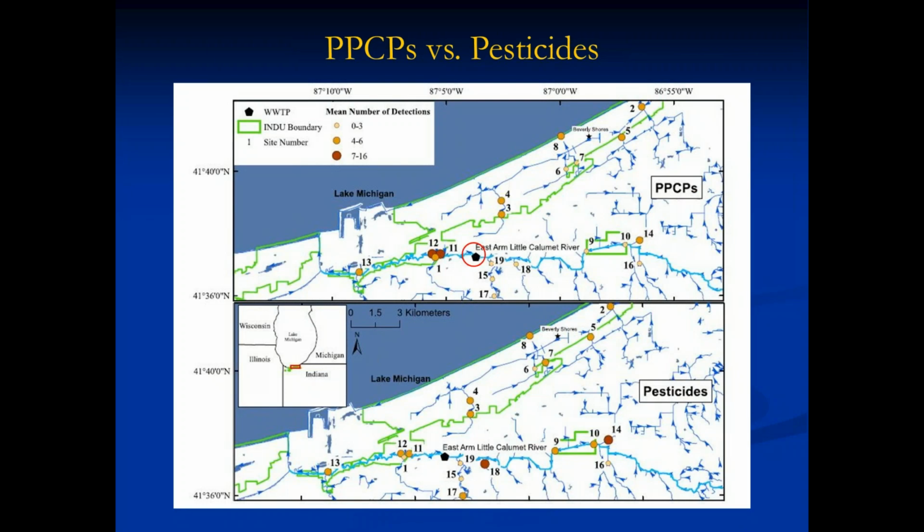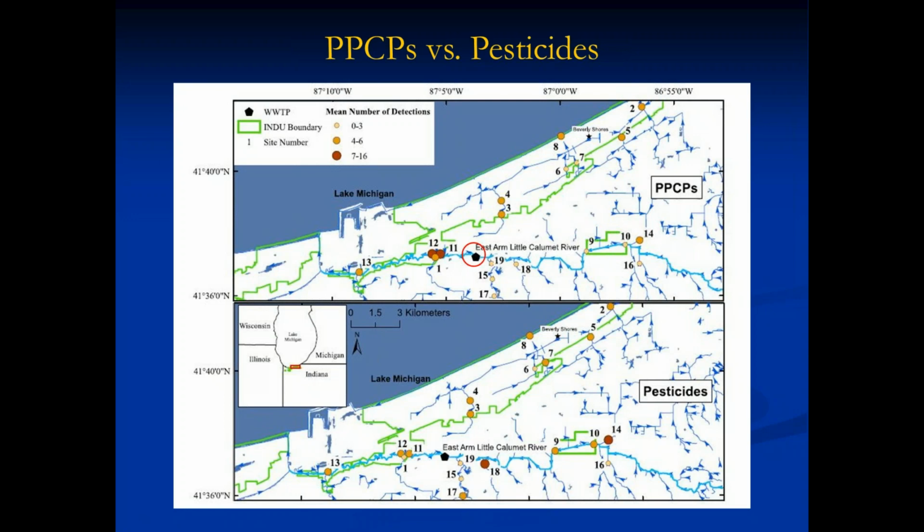If you take a look at the top panel here, I'm just focusing on pharmaceuticals and personal care products. Again, here's where the wastewater treatment plant is located, and the sites shown here in bigger circles and darker color have the highest number of detections downstream of the wastewater treatment plant and more generally in this more urban area over here in the park. Whereas up in the agriculture area, not as many detections of pharmaceuticals and personal care products.